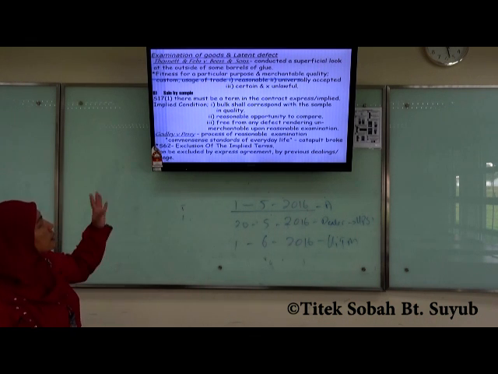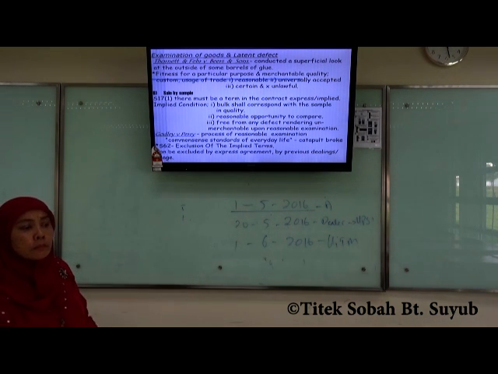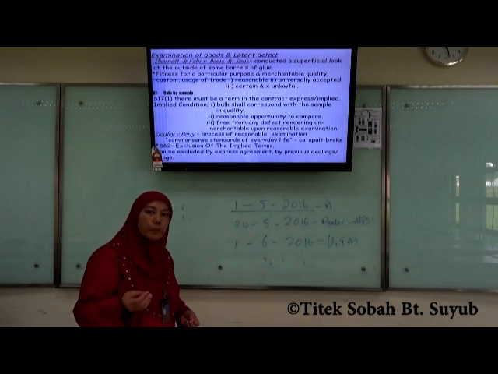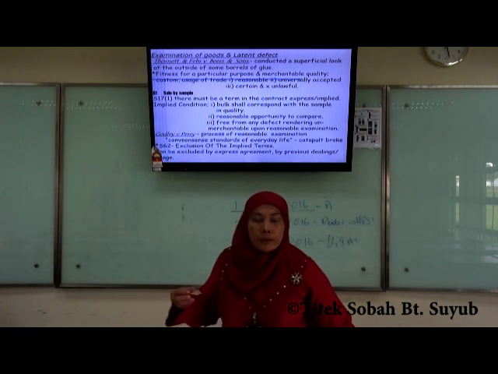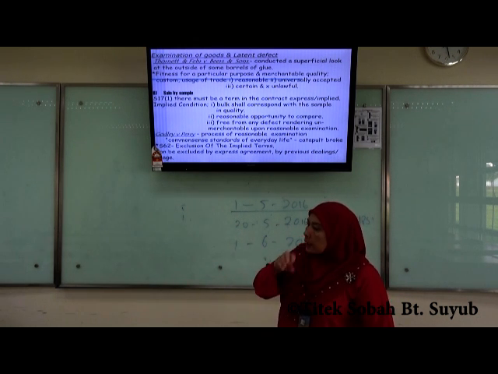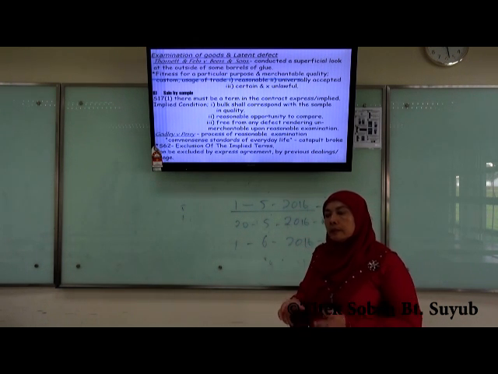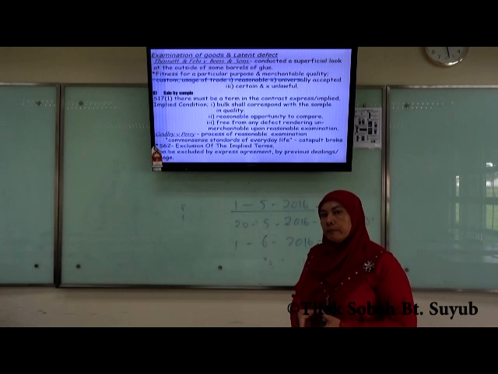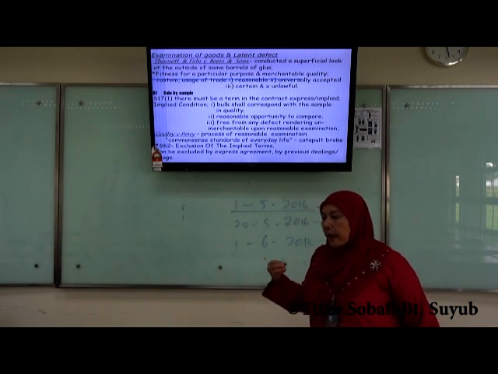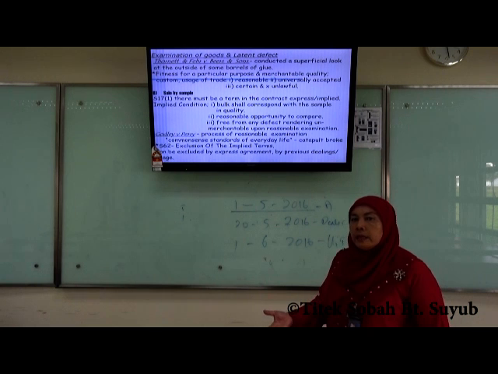So the last one is sale by sample. If the buyer wants to be protected under this term, sale by sample, then the agreement must state that this contract of sale is a sale by sample. It can be either expressly or impliedly shown that this is a sale by sample.